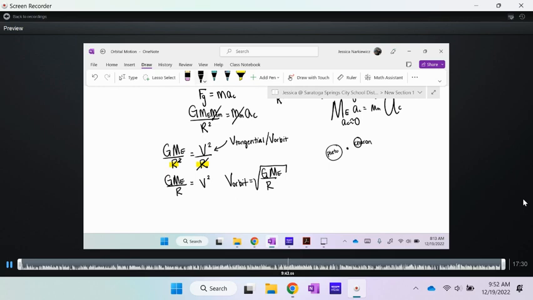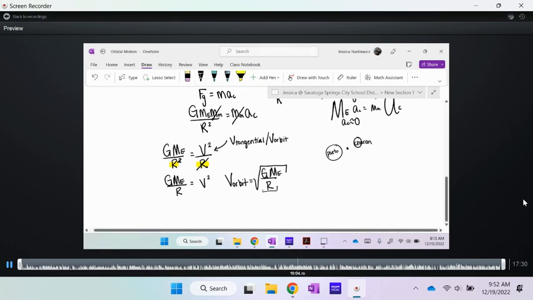The mass of the Earth isn't going to magically change, and G can't change. It's a universal, meaning everywhere, gravitational constant. So if somehow the moon were to slow down or speed up, maybe it got hit by a really big asteroid, then this radius of orbit would change.